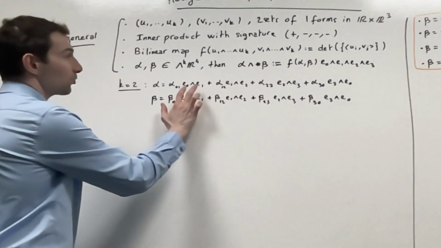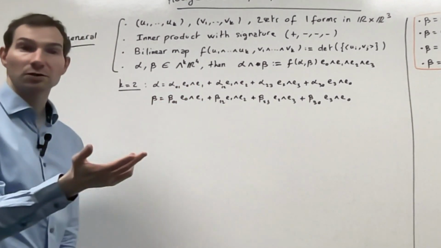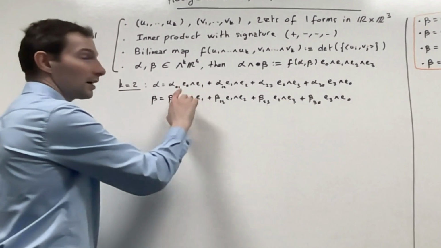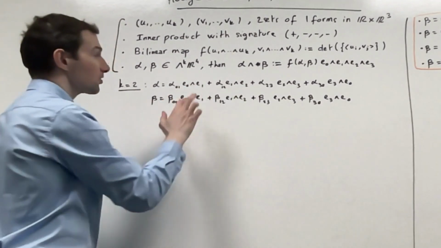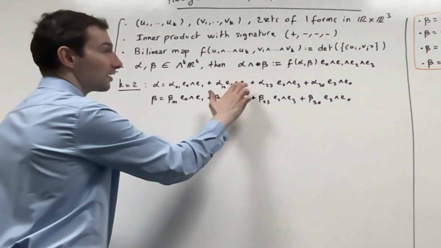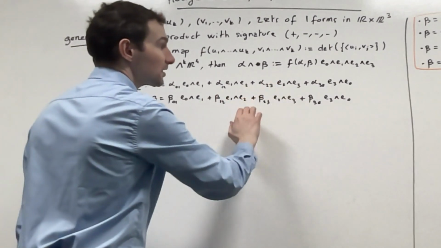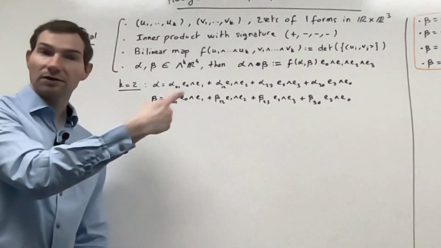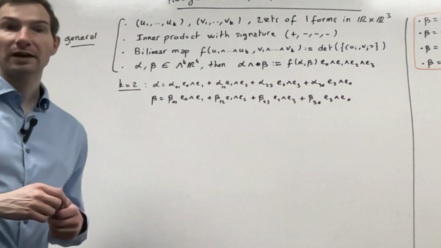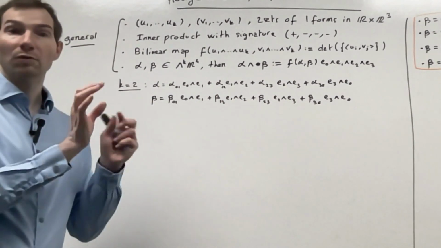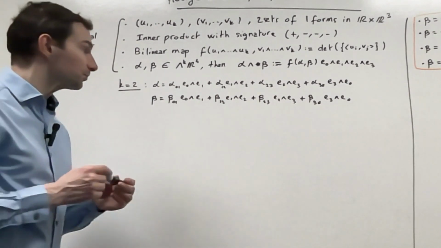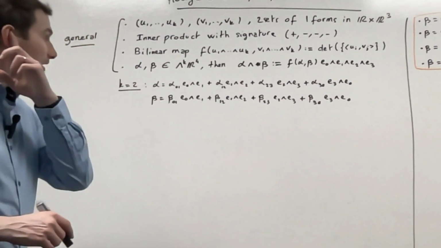I start with the first pair as 0, 1, and then the next pair I simply shift rightward, so there's 1, 2, and then 2, 3, and then 3, 0. That covers all the possible pairs, where only one order is possible. I do the same here as well.